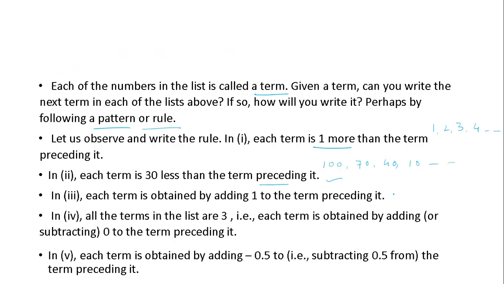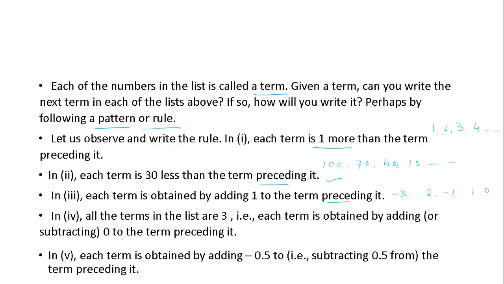The numbers are -3, -2, -1, 0, and so on. Each term is obtained by adding 1 to the preceding term.